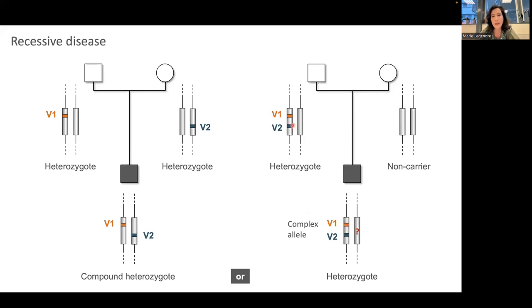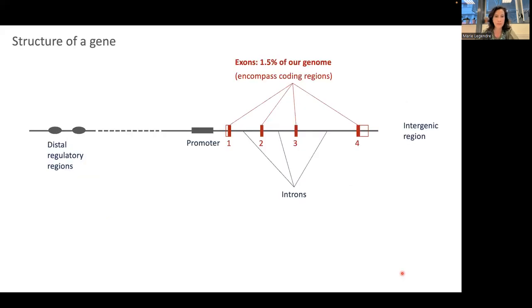In some instances, both variations can be located in 1 copy inherited from only one of the parents. So in that case, there's probably 1 mutation that is missing, or maybe another gene is implicated. That's why we always request samples from the parents.